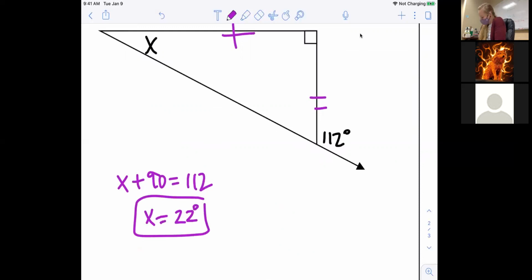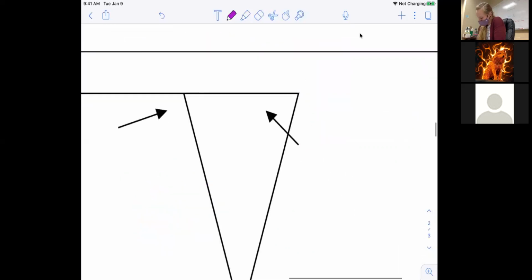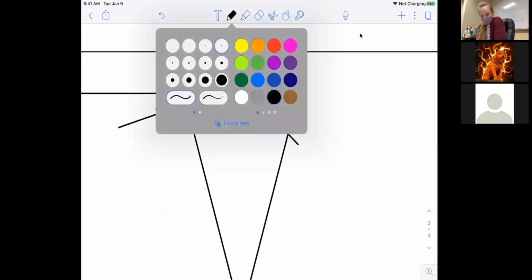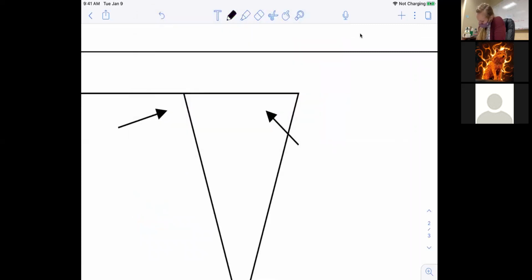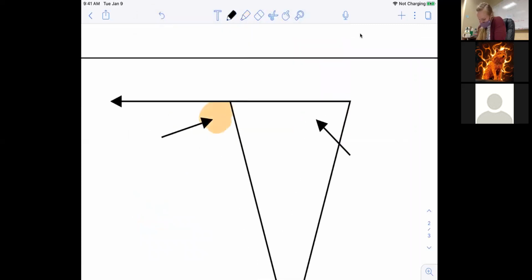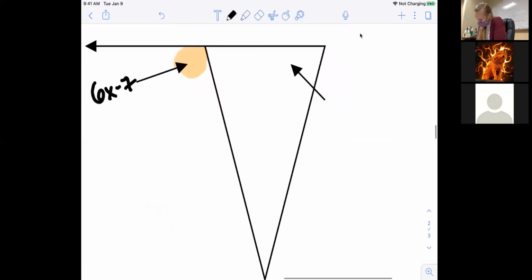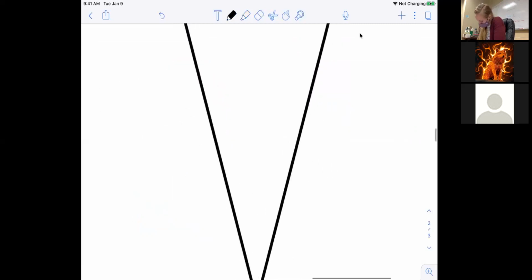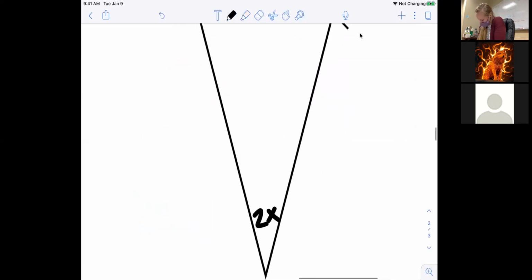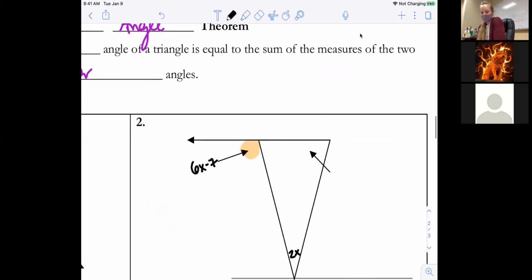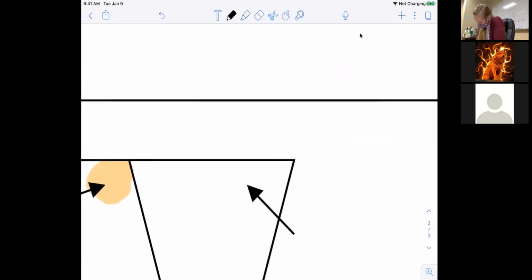All right, let's do another one, very similar. In this one, this angle right here is going to be called 6x minus 7. The point is going to be 2x. And then the other inside is going to be 103 minus x.